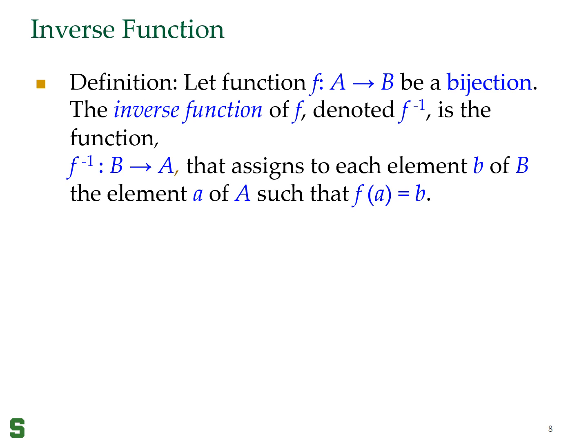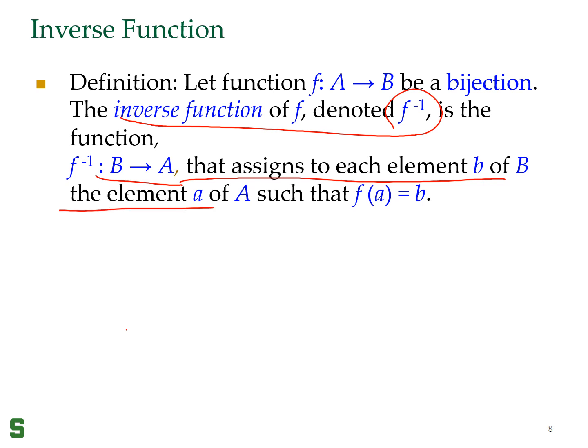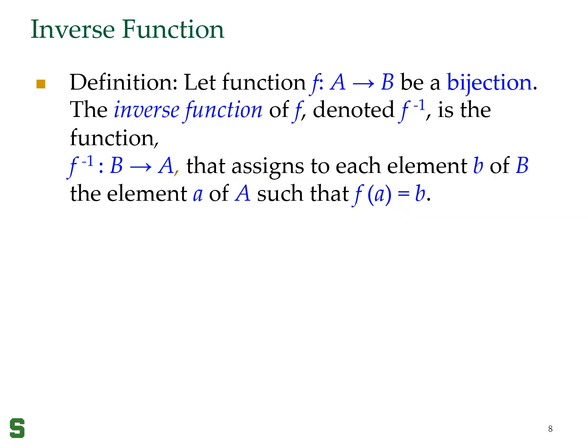So if a function f is a bijection from A to B, the inverse of the function, still denoted as f inverse, is a function from B to A such that, this is a complex way of saying that you are going to reverse the arrows from B to A. So for all a in A, for all b in B, if f of a is equal to b, then f inverse of b is equal to a.